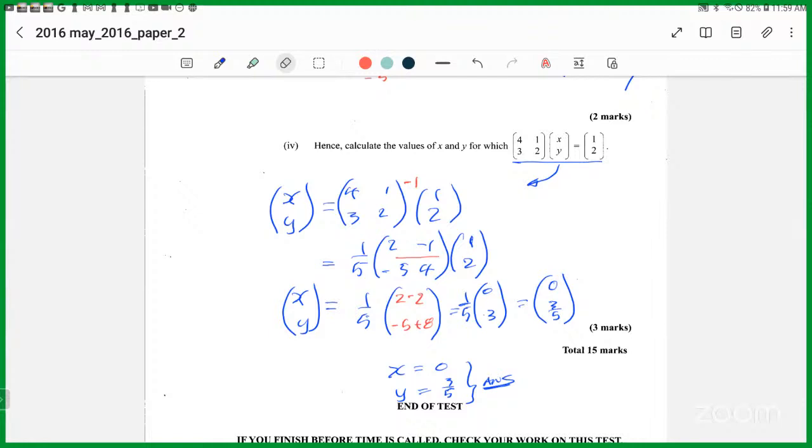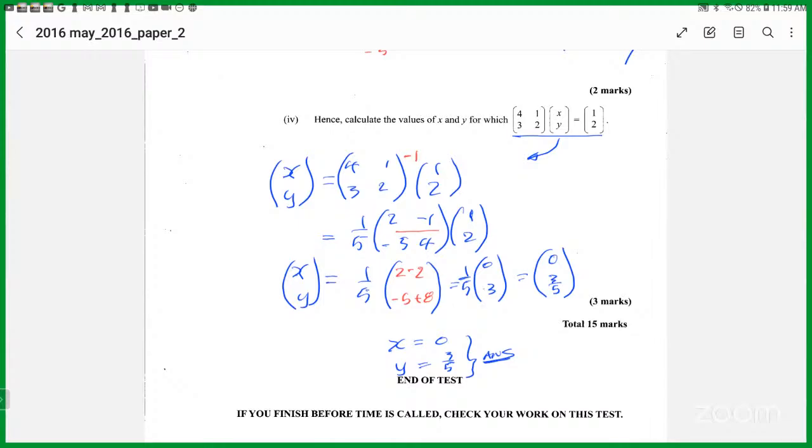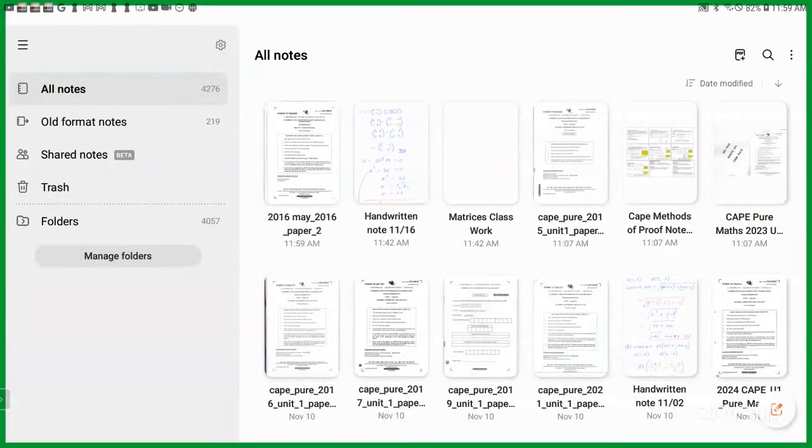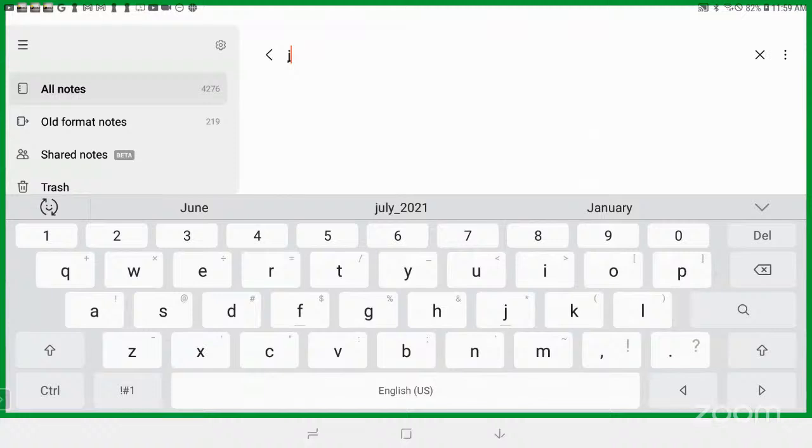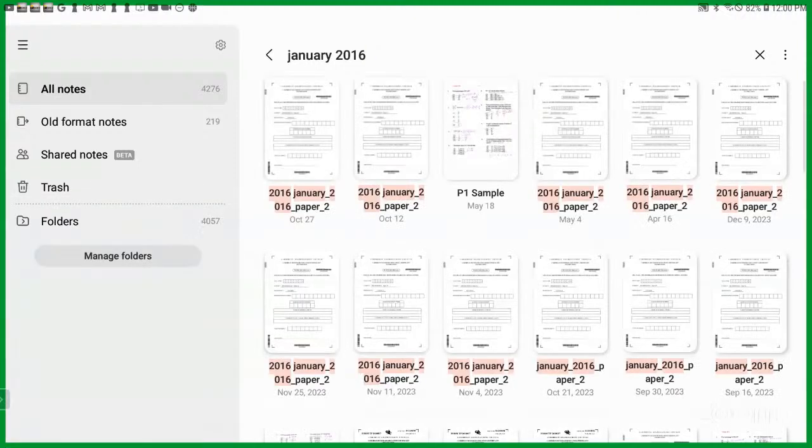I want to do the one that I gave you in the week first. I don't remember that one, sir. I think I gave it January 2016. Let me look for it. Search for it here. January 2016, paper 2. That's one here.